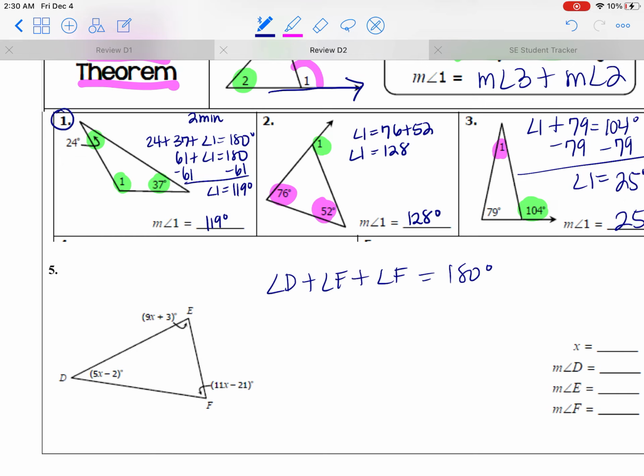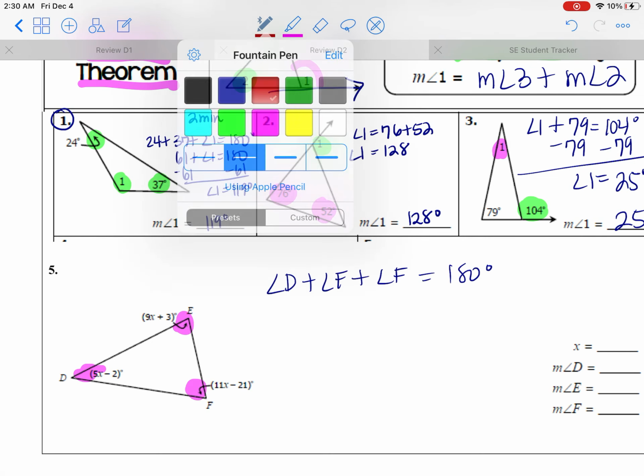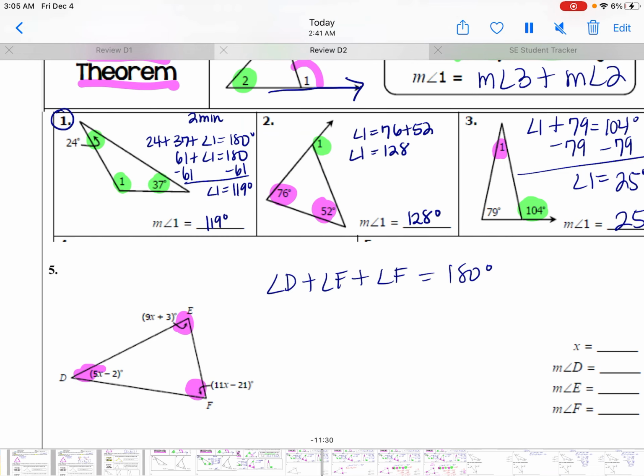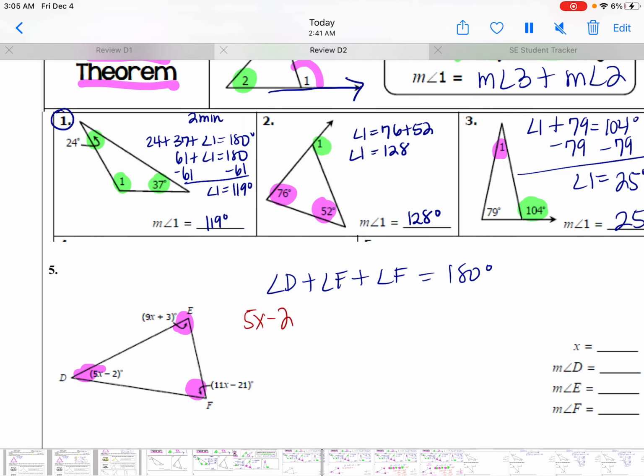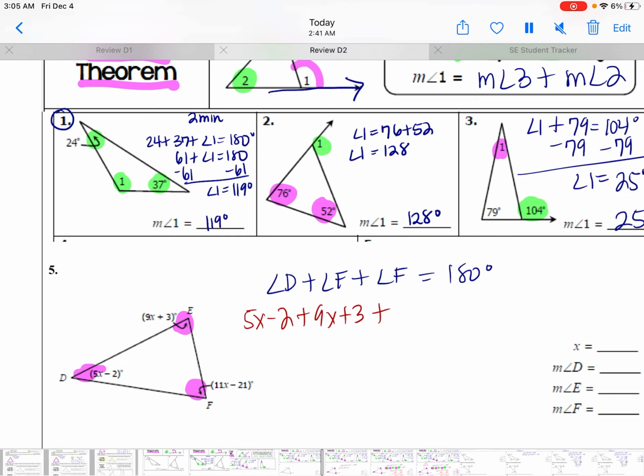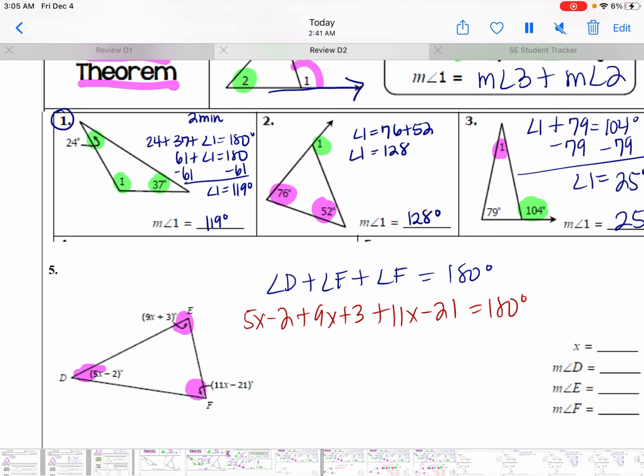Angle D is going to be 5x minus 2. Angle E is 9x plus 3. And angle F is 11x minus 21. That gives me 180 degrees.